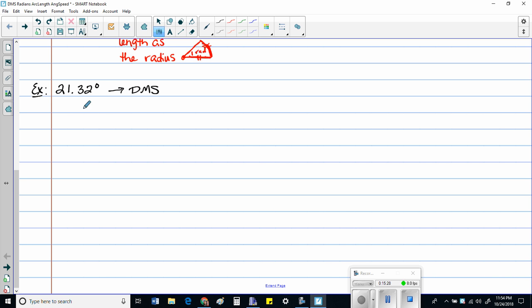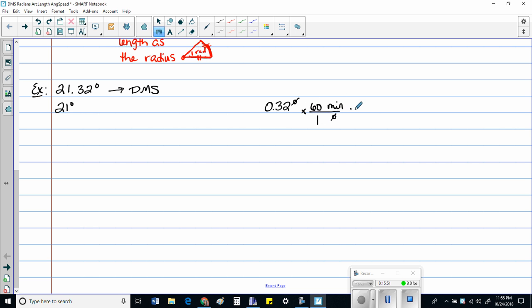This is already 21, so that's 21 degrees, done. Now I just take the 0.32. This is degrees, so I want to get rid of the degrees and turn it into minutes. There are 60 minutes in 1 degree because the degrees are just like hours.